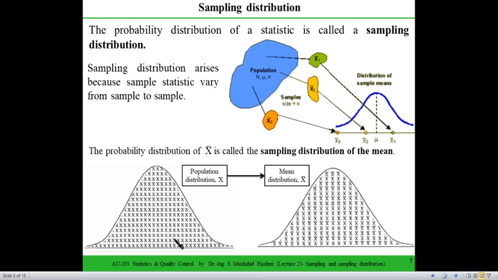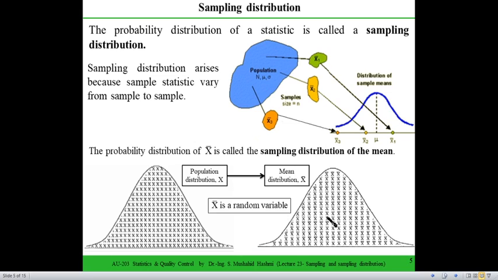So x represents the random variable or population elements. If for each sample you take different means and all these means are plotted, there is a certain distribution of those sample means. So this would be called the sampling distribution.